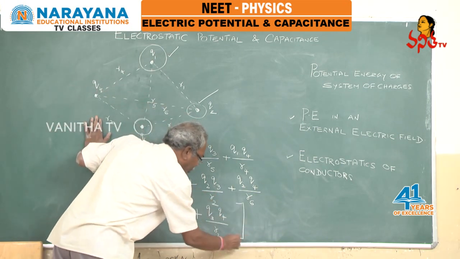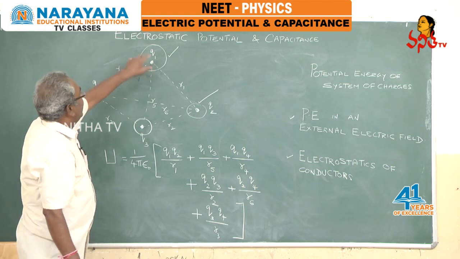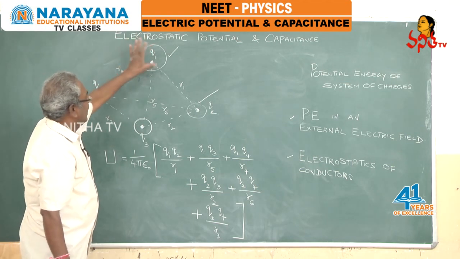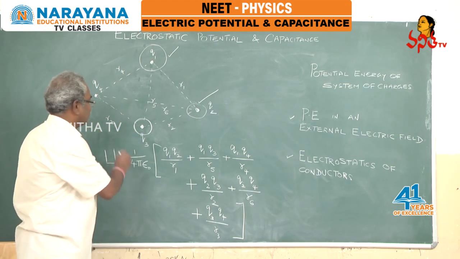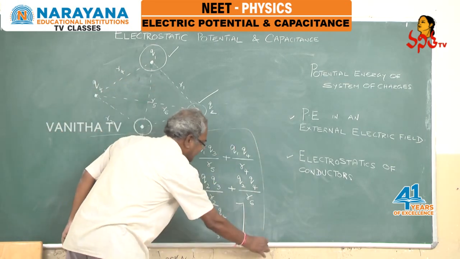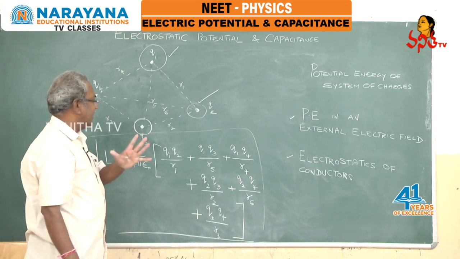This is the total potential energy of the system, 1 by 4 pi epsilon naught, 3 pairs for this plus 2 pairs for this one plus 1 pair for this particular one. So, when a system of point charges is given, this is how many pairs get formed.